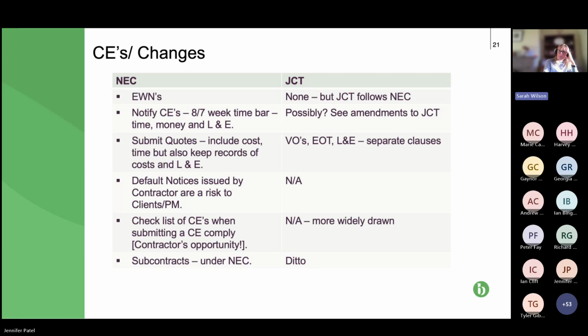Total shock to the paying party, and it didn't really help the construction industry in terms of reputation. So part of the ethos of NEC was to avoid that.